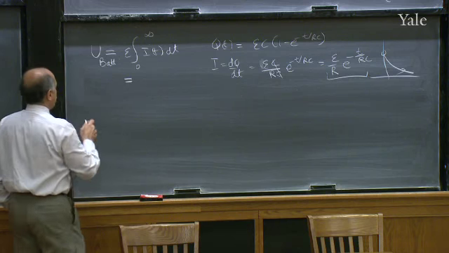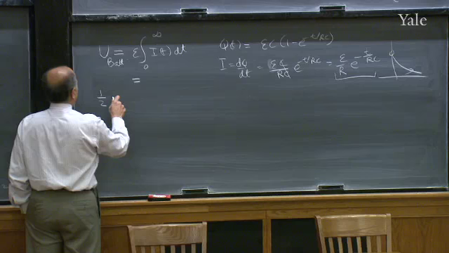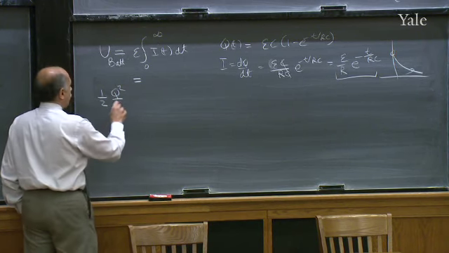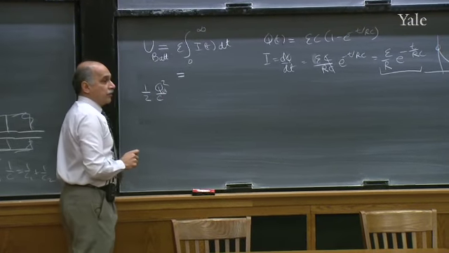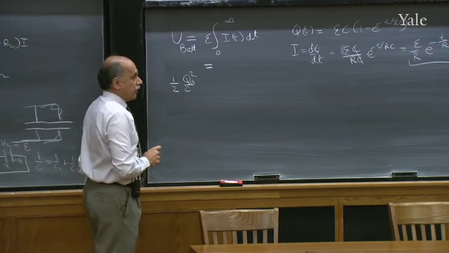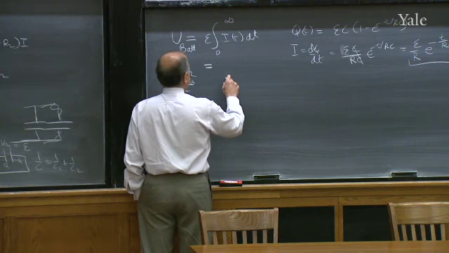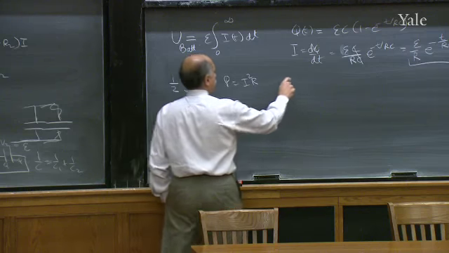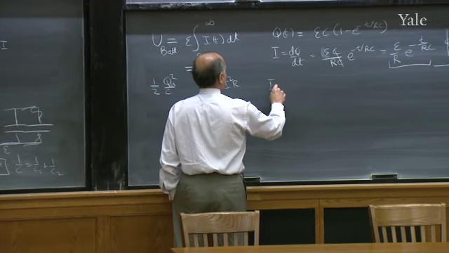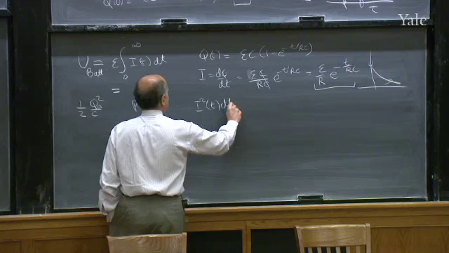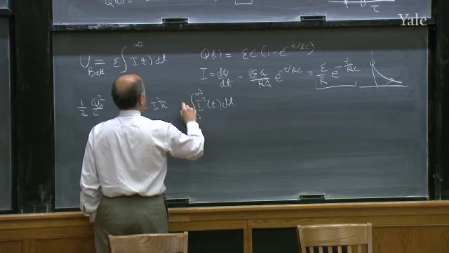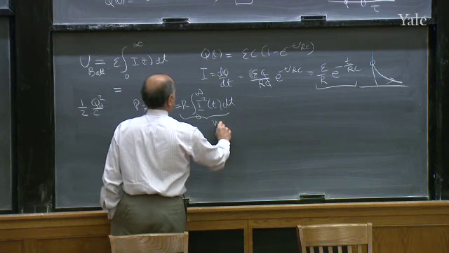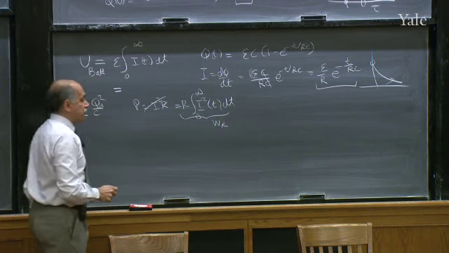And what have we done with it? We have charged the capacitor to 1/2 Q squared over 2C, where Q in the end should be Q infinity. The resistor burns power at a rate VI, which is I squared R. So you take this I, square it, do the integral from 0 to infinity, multiply by R. That is the work done in the resistor, or work dissipated in the resistor.